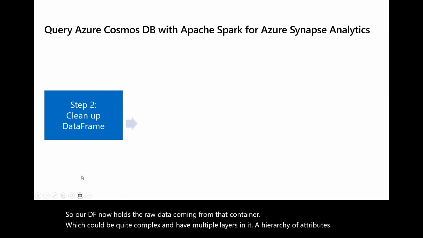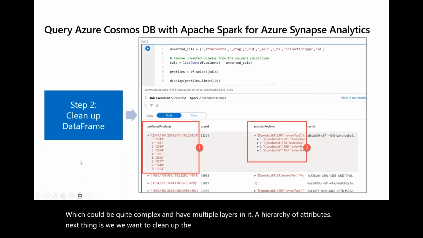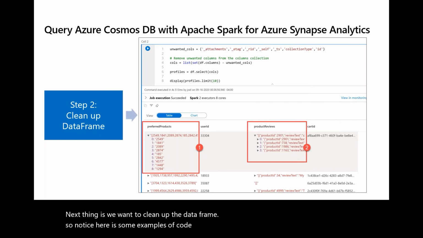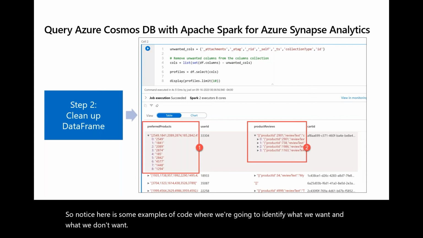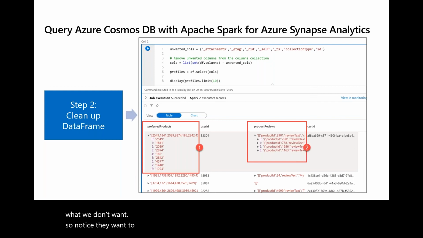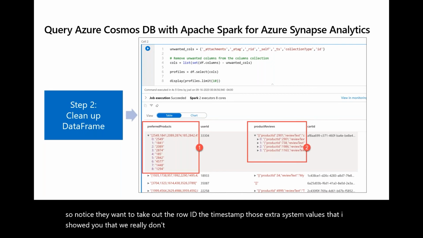Next thing is we want to clean up the data frame. So notice here are some examples of code where we're going to identify what we want and what we don't want. So notice they want to take out the row ID, the timestamp, those extra system values that I showed you that we really don't need. We just want the raw data and maybe not even all of that.